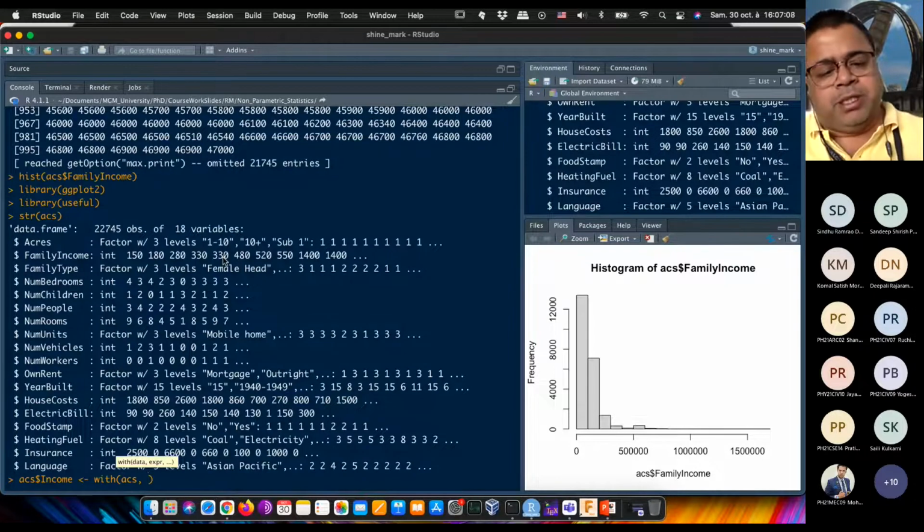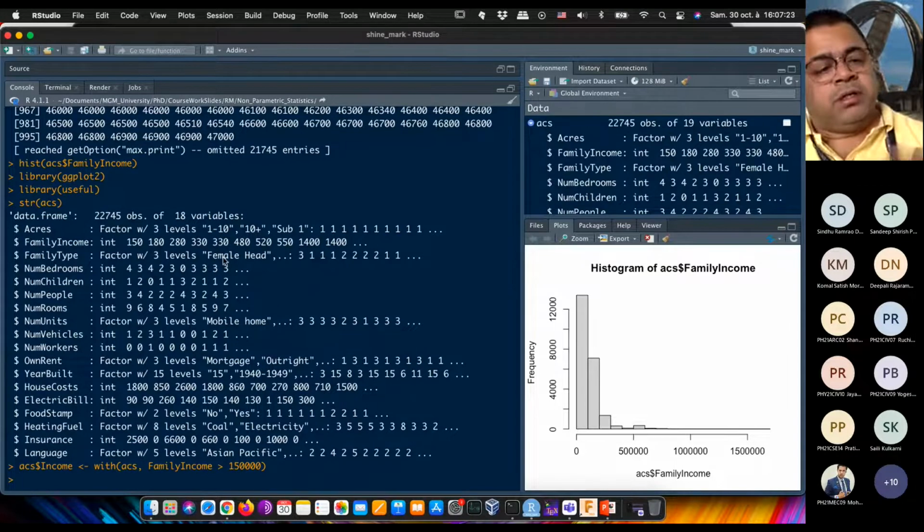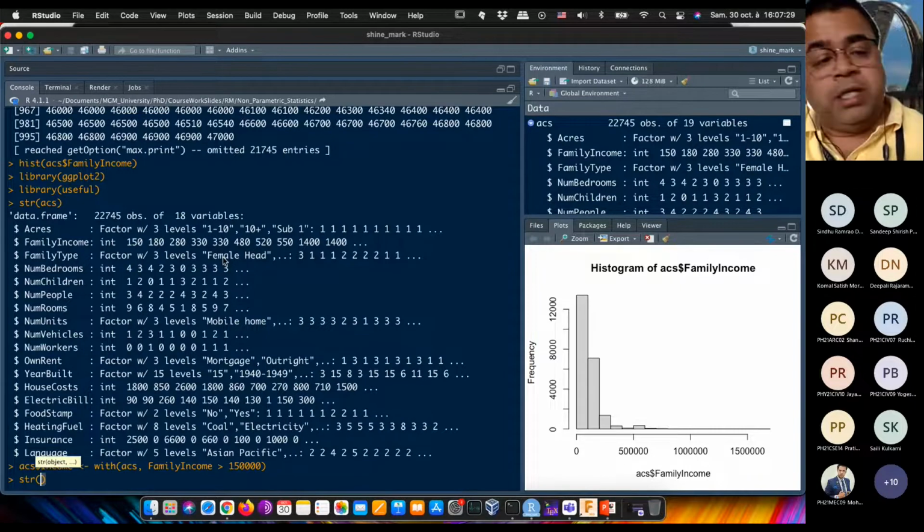My expression is family income is greater than 150,000. This is my expression. Let us see what has happened. Now, if I just do the structure again, what will happen? ACS.